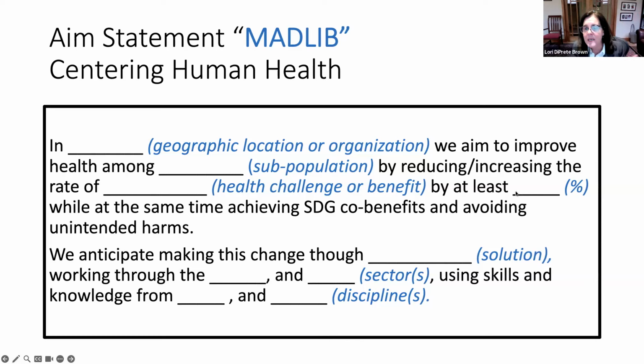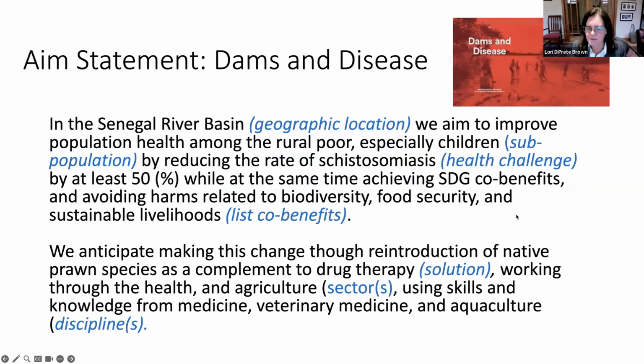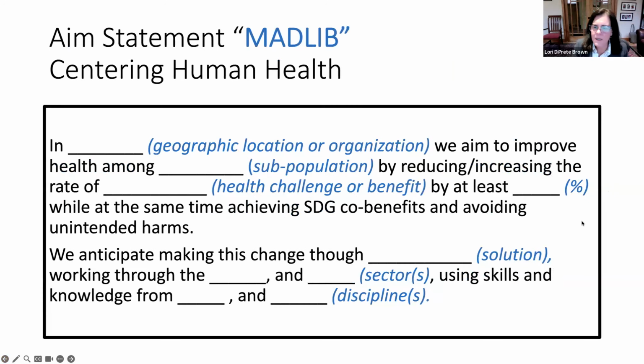So let's say increasing a positive affect, or, I'm trying to think of a good one that's easy to measure, increasing maybe healthy BMI for life, by at least whatever percent.